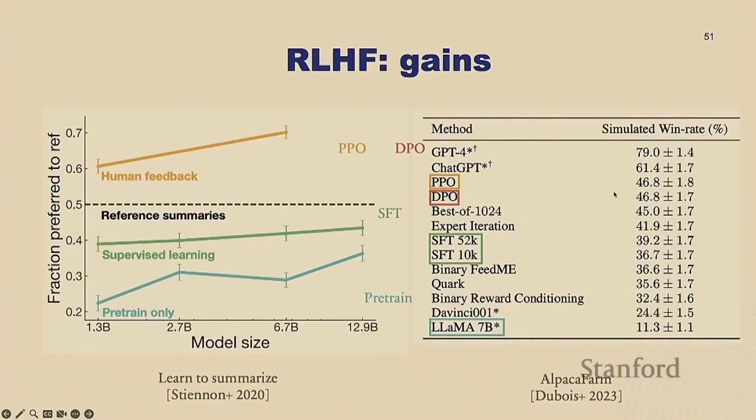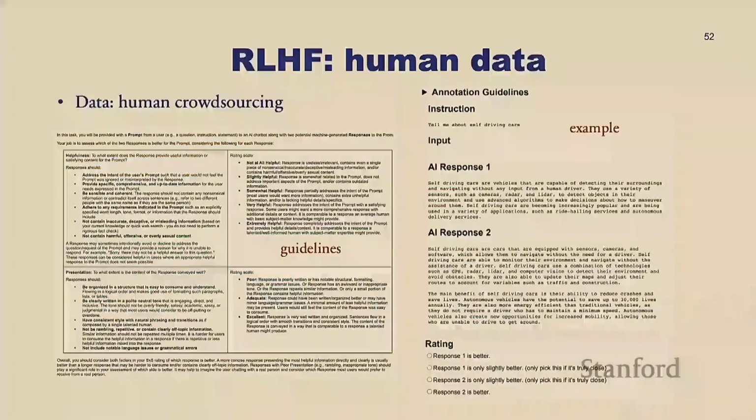Same thing on a paper that we have, AlpacaFarm, where the evaluation is not too important, but you see the pre-trained model, you jump to SFT, and then you jump to PPO and DPO, and PPO and DPO have the exact same performance. So basically, RLHF helps. That's the conclusion, and DPO is simple.